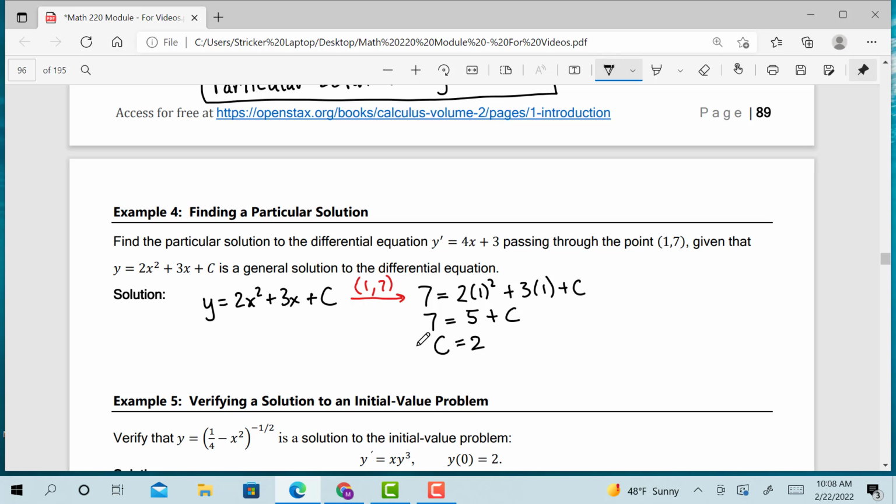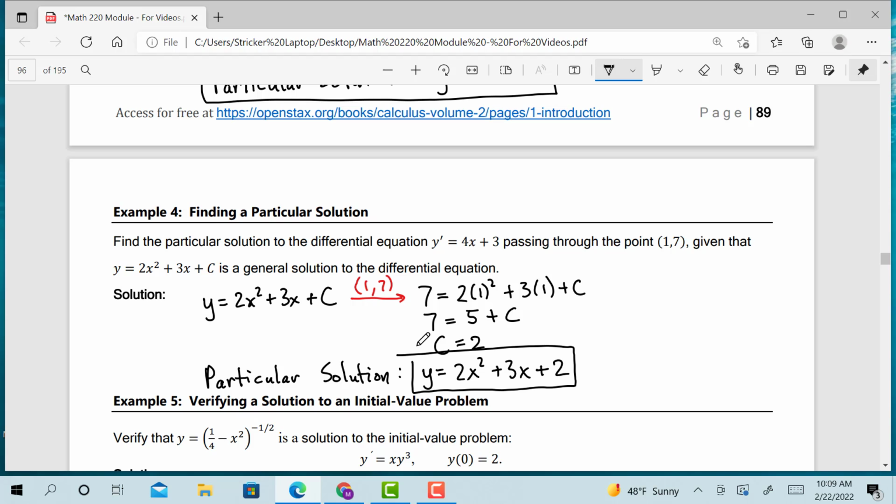So that tells us what our particular solution is. Our particular solution should be y equals 2x squared plus 3x plus 2. All right, so now you know the difference between particular solutions and general solutions, and you know how to find a particular solution.